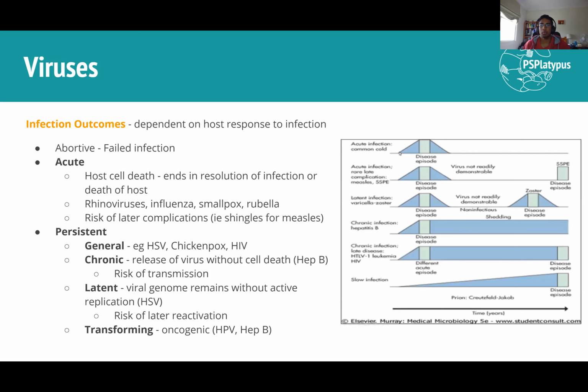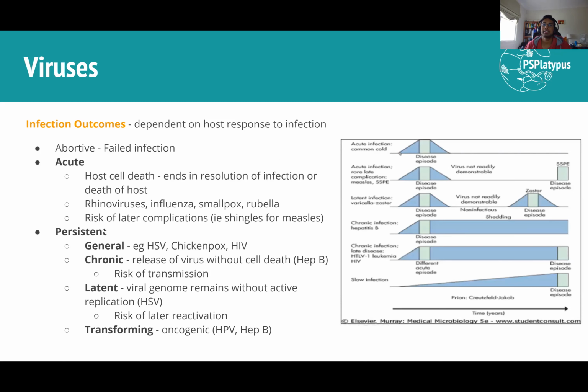So right at the top there, the common cold is a typical one: your body will win, the viruses replicate, and then eventually they die down again. There is, however, a risk of complications. So with things like measles in particular, you can have a bit of virus and then you think it's gone, and we have no real way of telling if it's still there. And then years later it can pop back up.